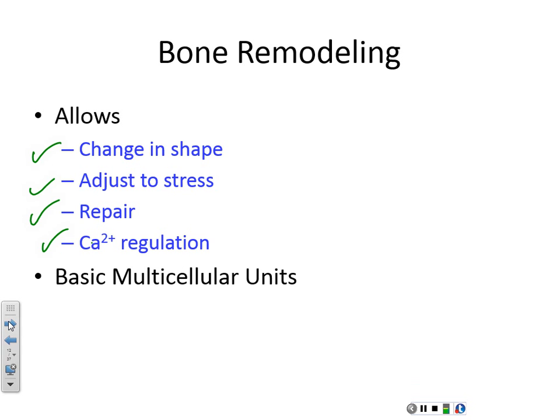What are the basic multicellular units? What did we say they are assemblies of? They are temporary assemblies of what? Well, the name tells you what they are: temporary aggregates of multiple cells.